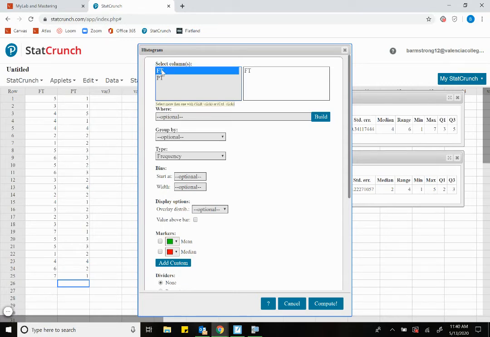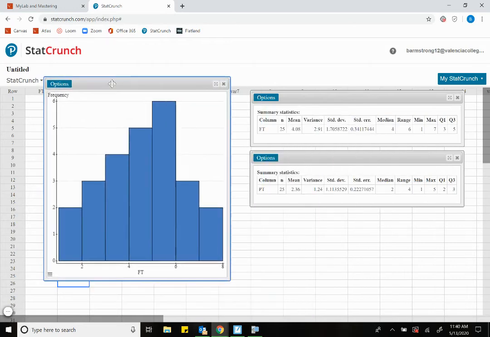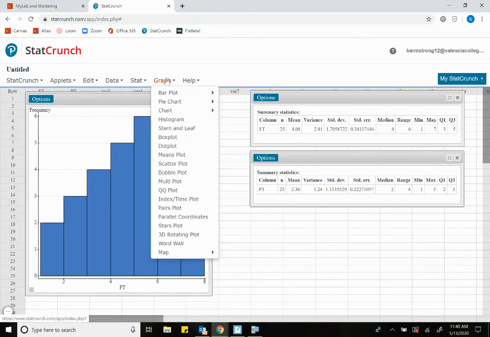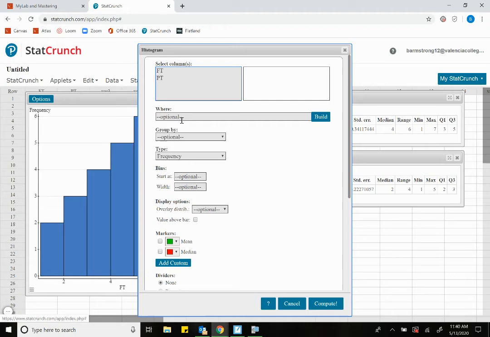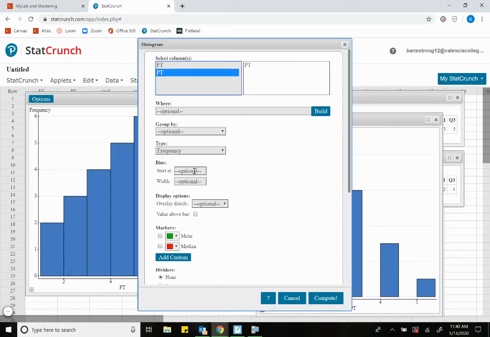So let's say full-time, compute. There's the full-time. And then let's get the part-time. Histogram, part-time, compute. Okay, let's fix these options.